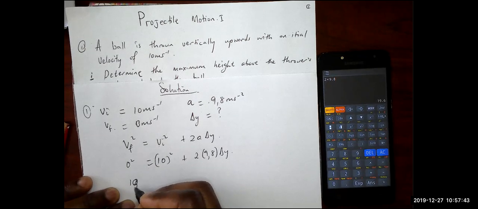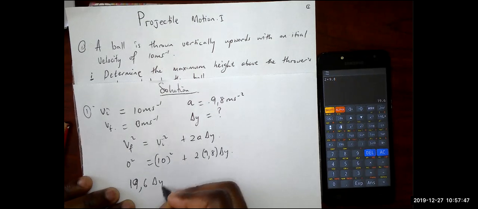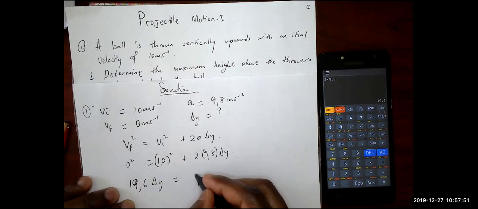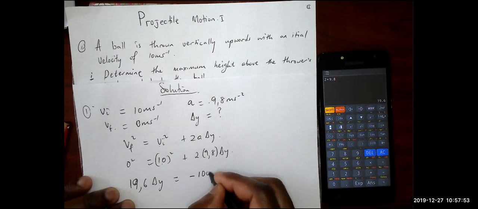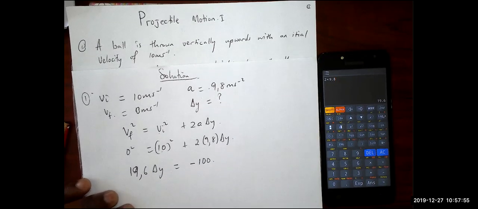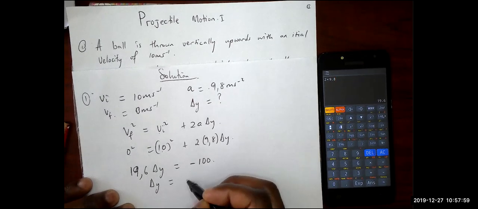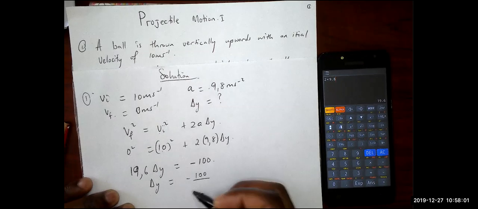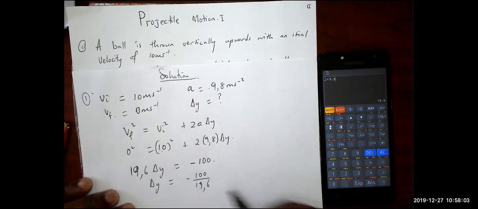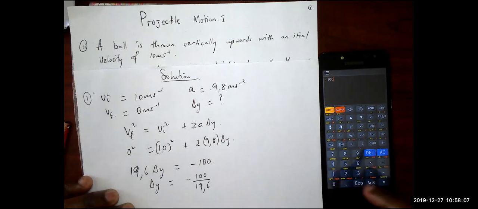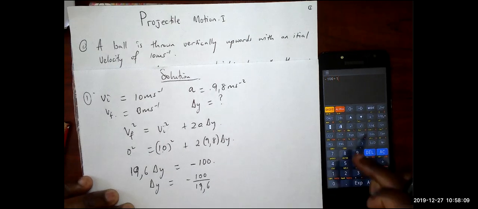So you can say 19.6 change in y is equal to, if we take this one, negative 100. Then the change in y is going to be equal to negative 100 divided by 19.6.